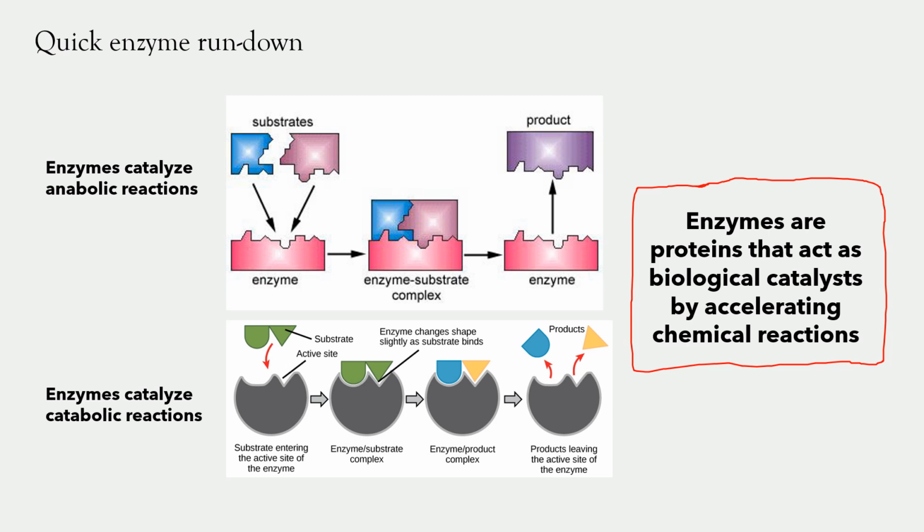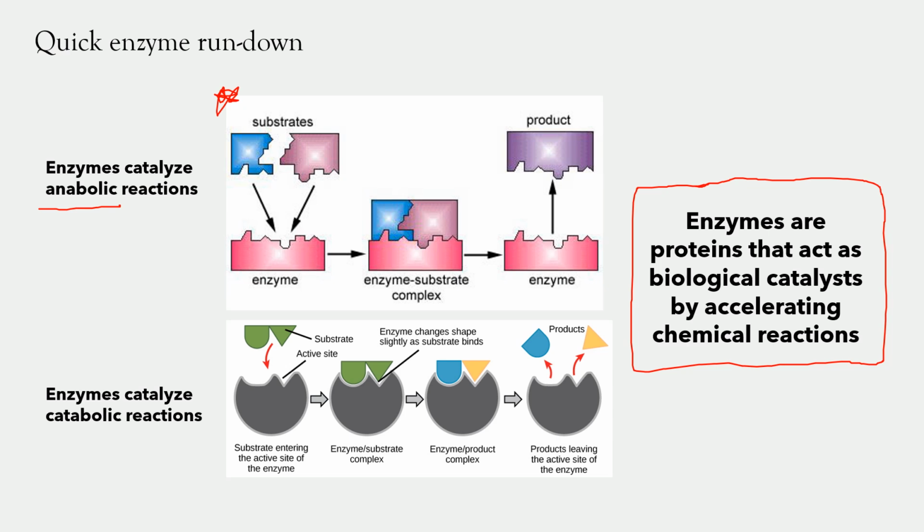So there are 2 different examples of what enzymes can do here. Enzymes can catalyze anabolic reactions. Anabolic means to build something up. You'll see in this diagram here, we have 2 separate substrates. Anything that is catalyzed by an enzyme is called a substrate.